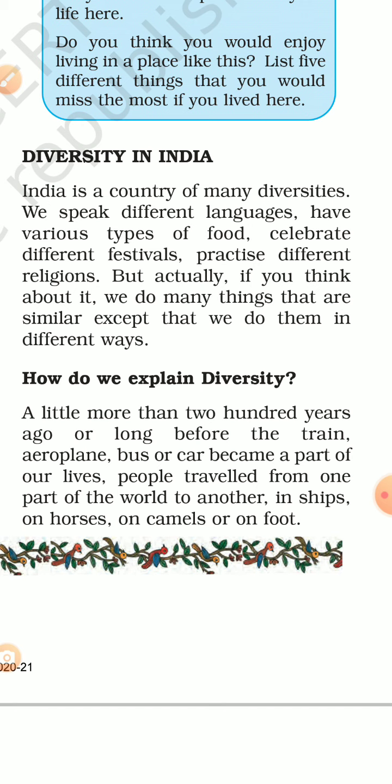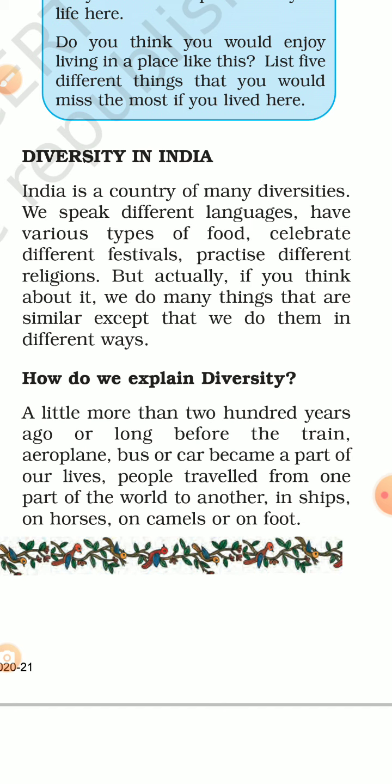So another question which arises is, how do we explain diversity? To understand diversity, let us look back at history. A little more than 200 years ago, or long before the modern modes of transport like train, aeroplane, bus, car, etc. became part of our lives, people came from one place to another in ships, on horses, on camels, or very importantly, on foot by walking.